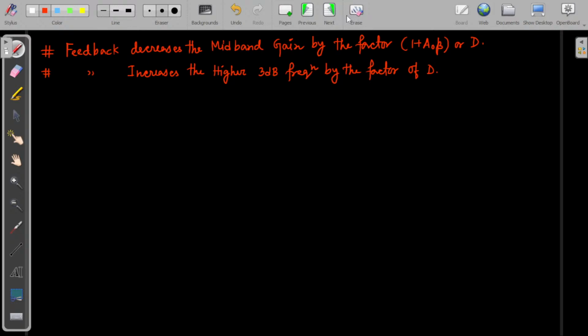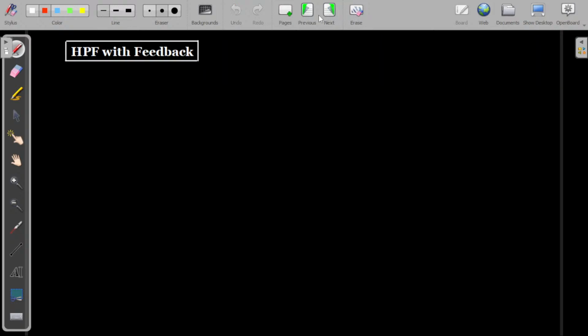So this is the high pass filter with feedback. Now similarly, let us draw the circuit first. First of all, we are having a high pass filter. So let us say that this is a high pass filter circuit.